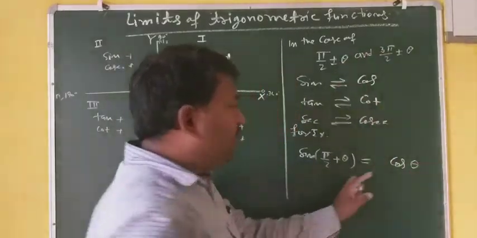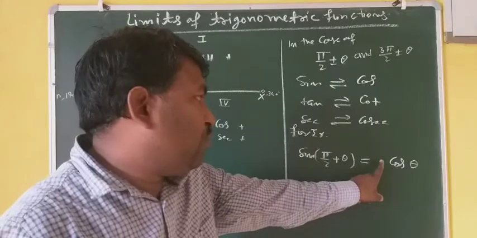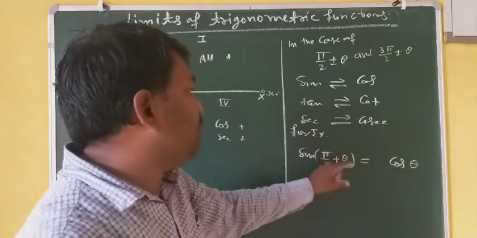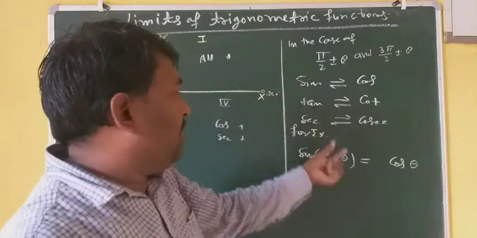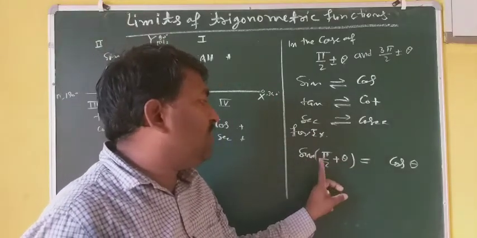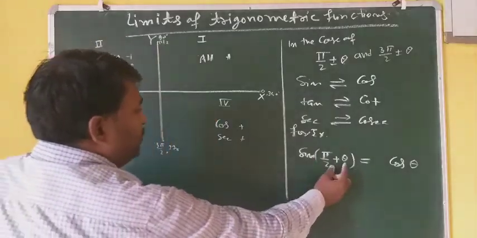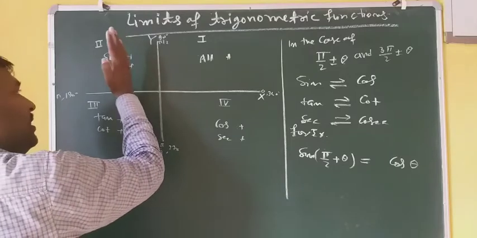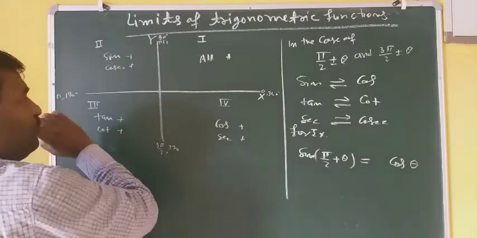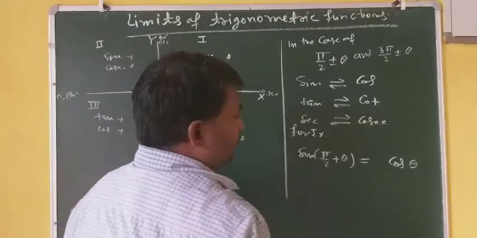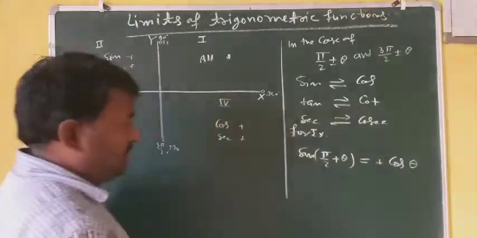Now you have to decide what sign will come, whether plus or minus. Just go to the quadrant corresponding to the given angle and see whether this ratio is positive there or not. Pi by 2 plus theta, pi by 2 and then something added, will be in the second quadrant. In the second quadrant, sine is positive, so you have to take positive. That's why it is plus cos theta.